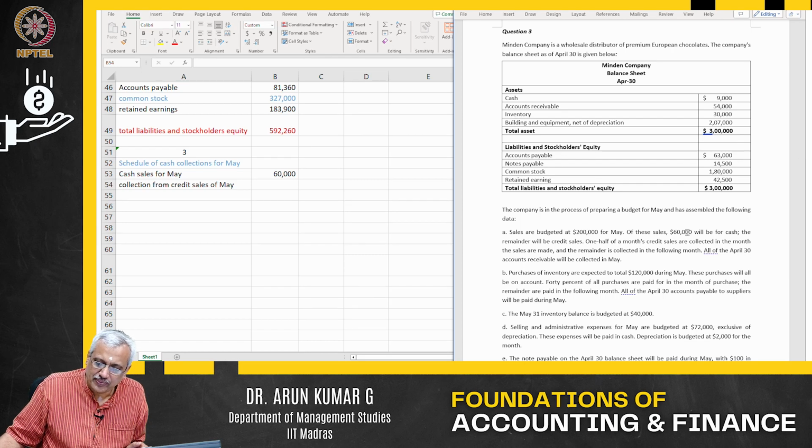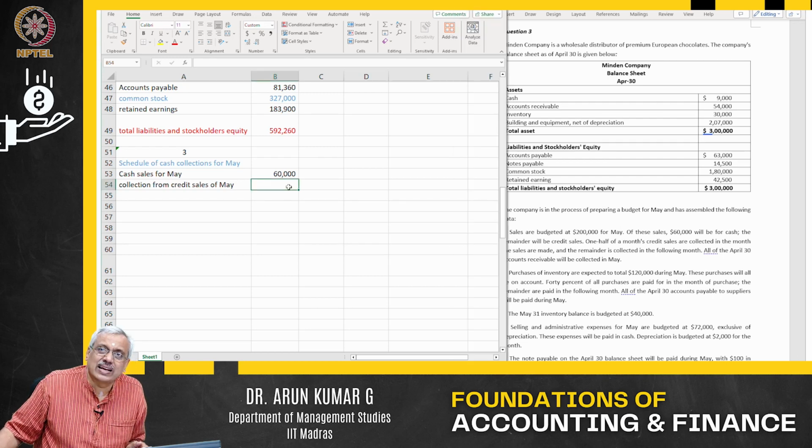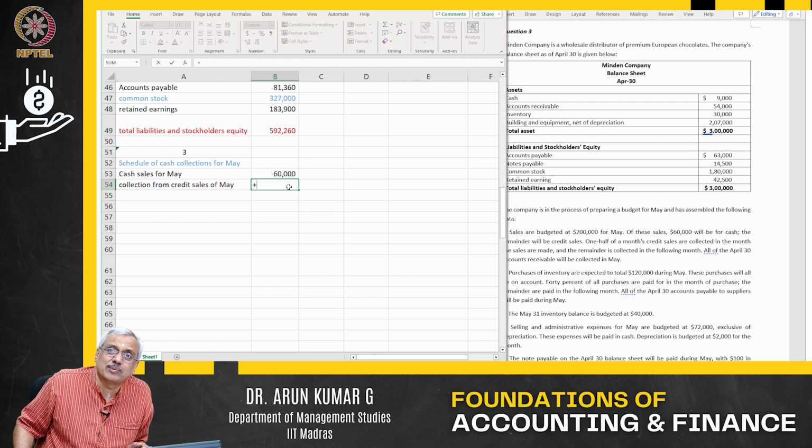Let us get that clear. 1/2 of the month's credit sale is collected in the month of sale, remainder in the following month. That means what is the total credit sale in the month of May? 1,40,000. We did calculate 2 lakh minus 60,000. How much are you going to collect in the month of May? 0.5, 70,000 I am going to collect.